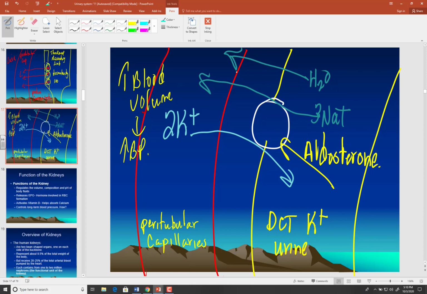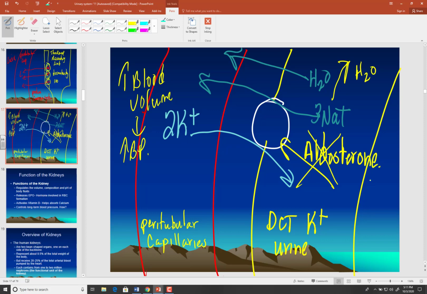So it's going to put sodium into the blood and water with it, and it's also going to excrete potassium. So if you don't have aldosterone, as people with Addison's disease, they do not have aldosterone, not a lot of it. What they're going to do is they're going to be peeing out a lot of sodium, and the water is going to follow it.